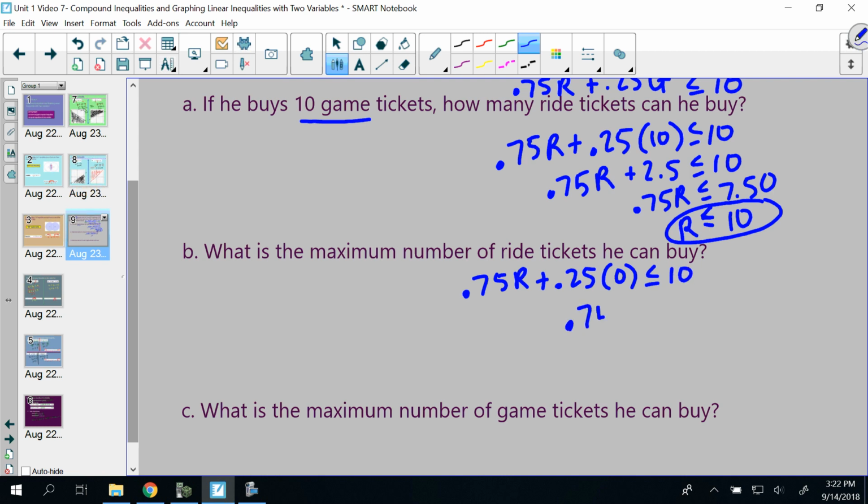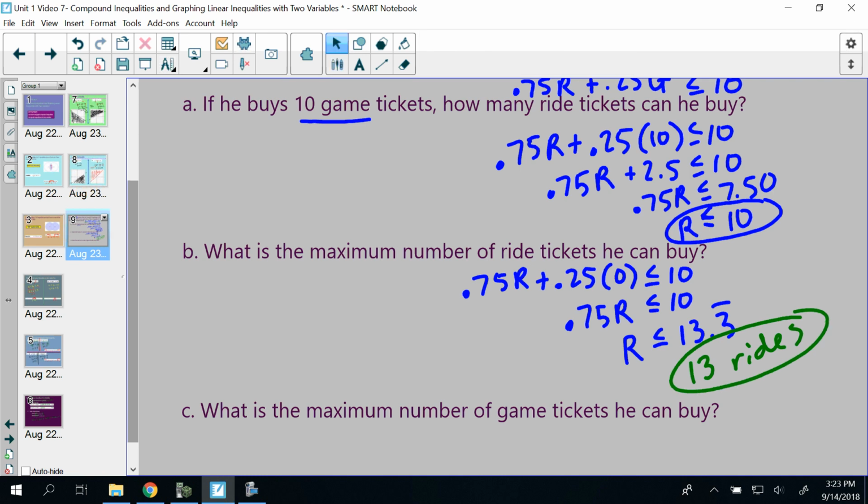So now we're looking at just 75 cents per ride. We got $10 to spend. Divide by 0.75, and it's telling us that we would get 13.3333 repeating. Well, you can't go on a third of a ride. I don't think they let you do it there. So the maximum number of rides that Manny could go on would be 13 rides.